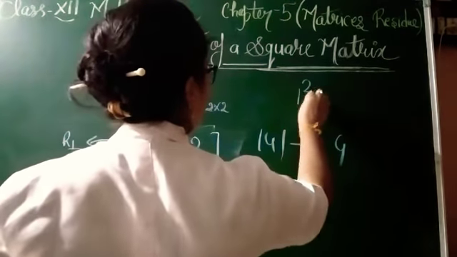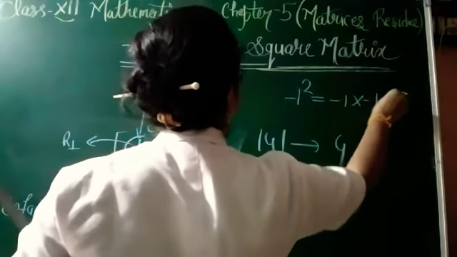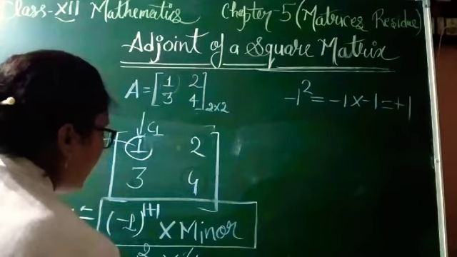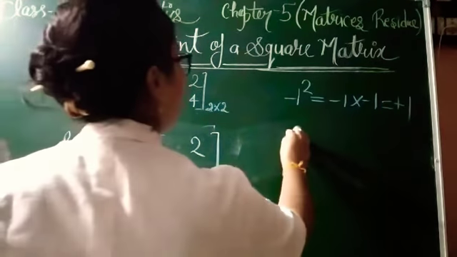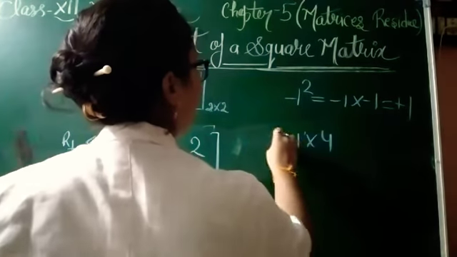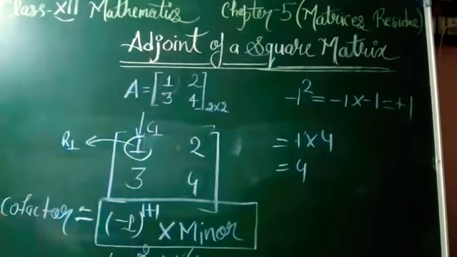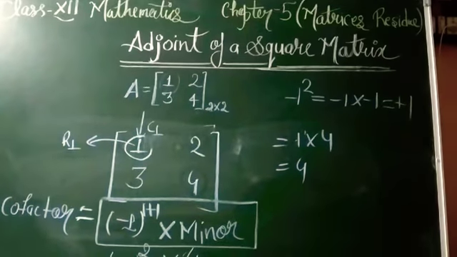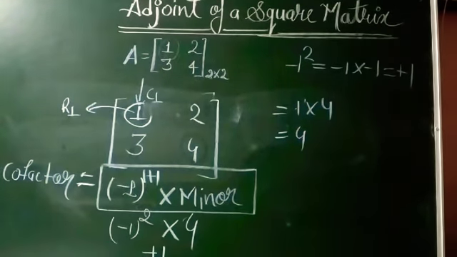So plus 1 multiplied by 4, that means the cofactor of 1 is equal to 4.